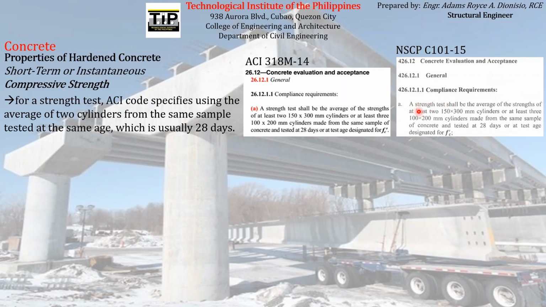So when we say strength test, it is usually the average of the strengths of at least two 150 by 300 cylinders. Strength tests always have an average value of at least two concrete cylinders. So that is the result of a strength test as defined by the code.